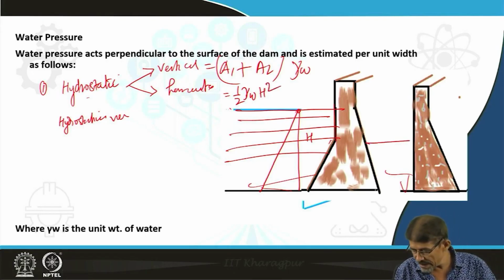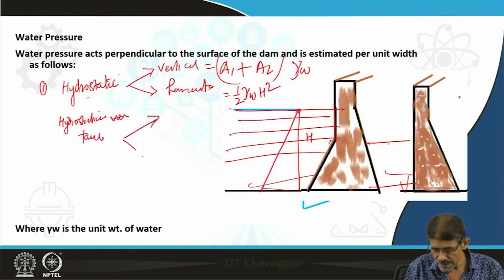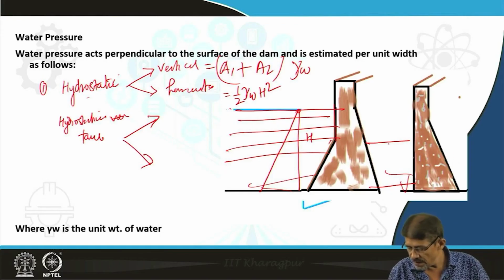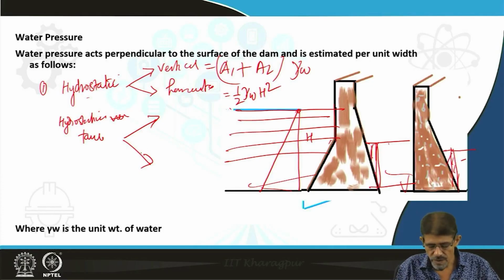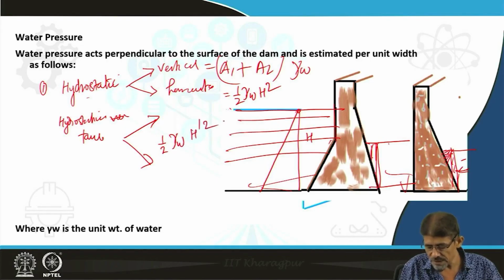Similarly, in the tailwater region, the same concept applies for hydrostatic tailwater, vertical and horizontal. For the vertical, we get the vertical column of water here, and in this also a vertical column of water. This vertical is simply the calculation of this triangle, and the horizontal is simply half the unit weight of water times H dash square.